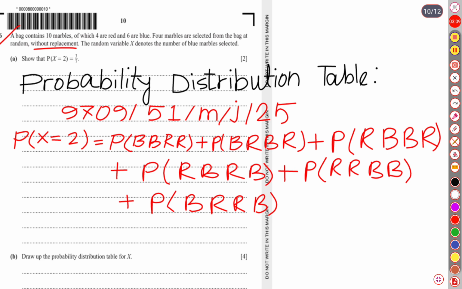Well, now let's write the probability. If the first one is blue, there are total 6 blue marbles out of 10, so it is going to be 6 out of 10 for the first one. Now the second one is also blue. As there is no replacement, one marble has been decreased from each of these.